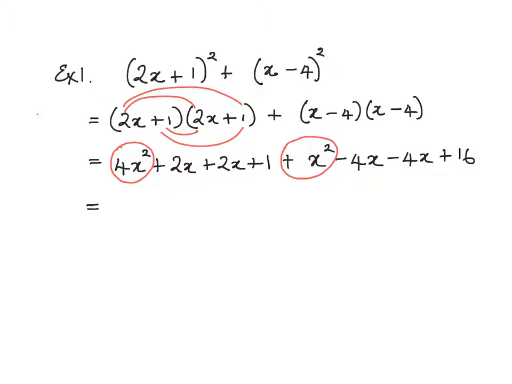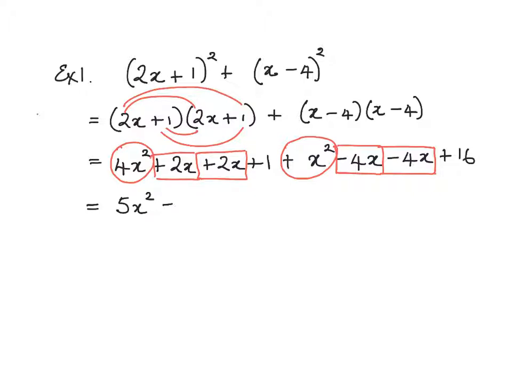So I have 4x squared plus 1x squared, that's 5x squared. Then I have a number of x terms. Total of 4 x terms. 2x plus 2x is 4x. 4x take away 4x is 0.